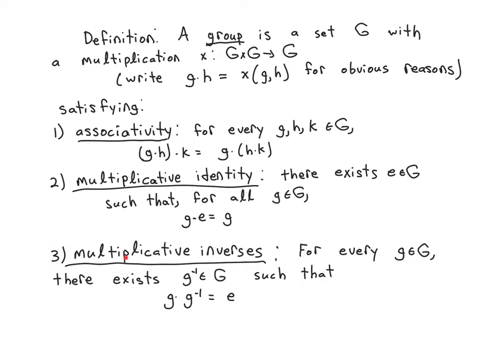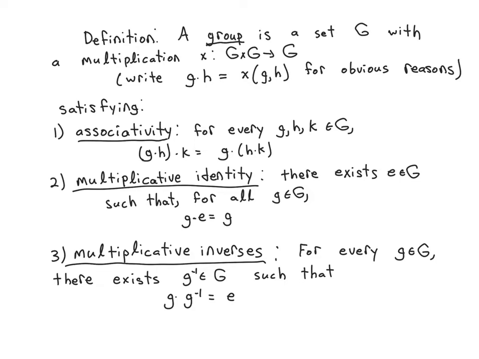This doesn't make sense unless you have a multiplicative identity, because it's used in the definition. So the point is you can multiply in such a way that parentheses don't actually matter. You have some sort of element that when you multiply by it, it's almost as if you're not multiplying at all. And there's some sort of notion of division. You can undo certain multiplications.